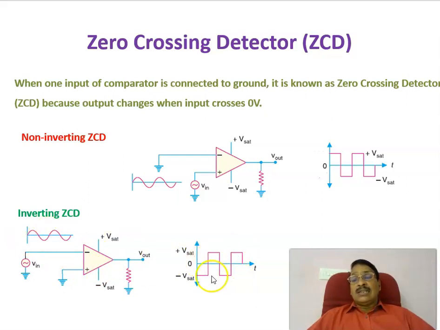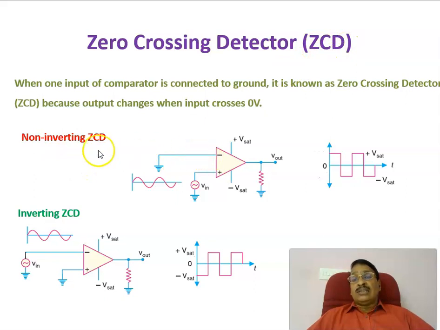In this case also the transition from plus Vsat to minus Vsat is taking place at the zero crossing point. Again, from minus Vsat to plus Vsat, it takes place at the zero crossing point, so that we can detect the point at which the input is crossing the 0 point. That is why it is called a zero crossing detector.